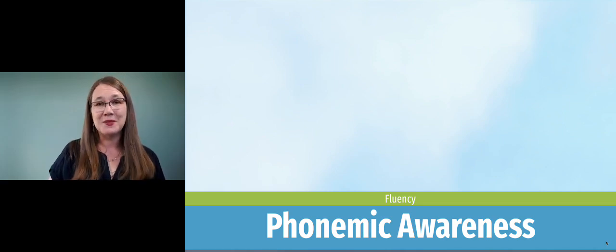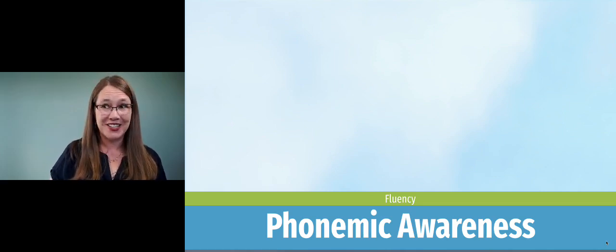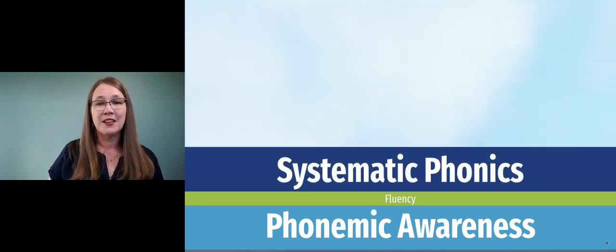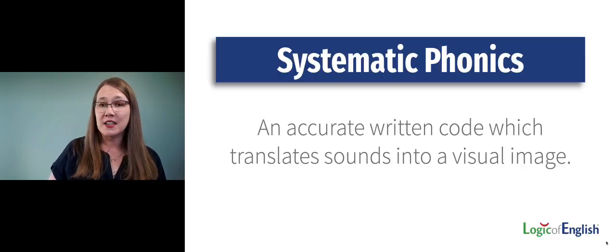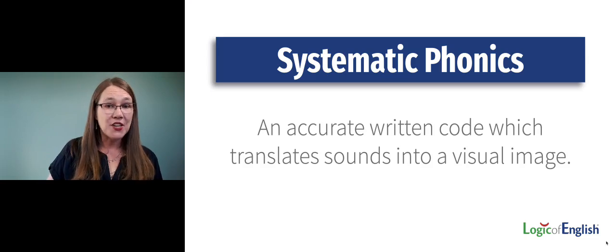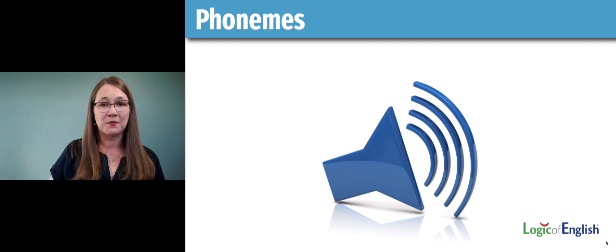And students need to become fluent or to master the skill of phonemic awareness. Built upon that skill is the skill of systematic phonics. I define systematic phonics as an accurate written code which translates sounds into a visual image.